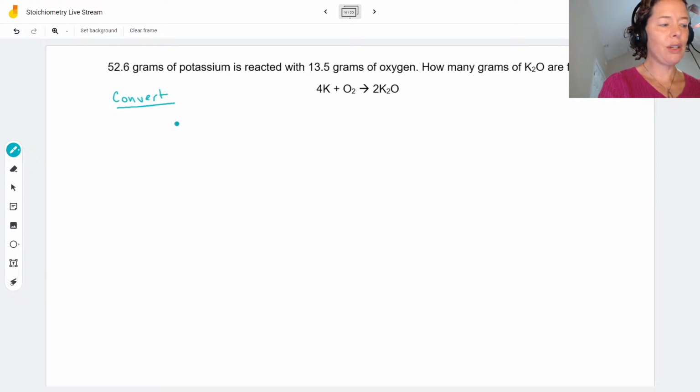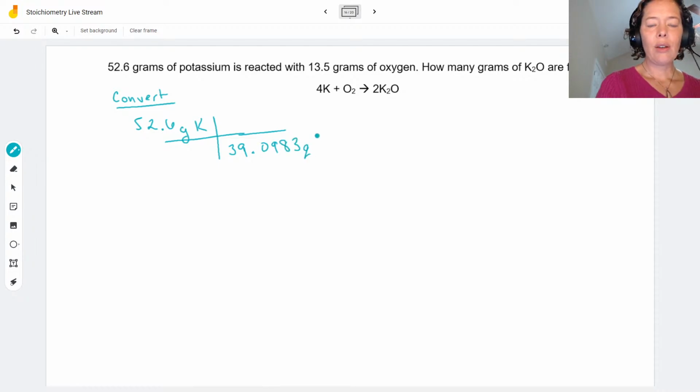Okay, so we're going to convert. We've got 52.6 grams of potassium. Let's convert that with the molar mass. That is 39.0983 grams of potassium over 1 mole of potassium.